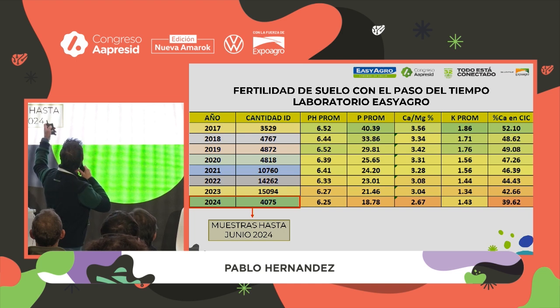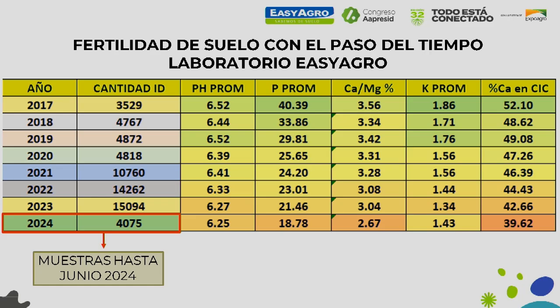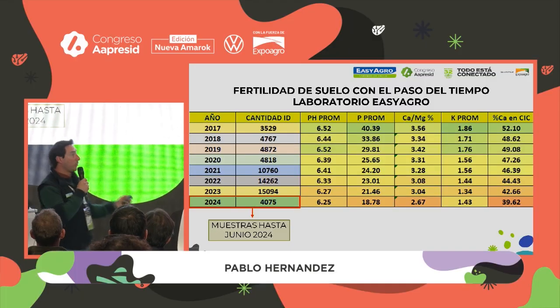And we could see in the year 2017, we analyzed 3,500 samples, and up till now, it's 4,000 samples. And we see that there is a marked acidification. This is throughout the country, actually. It's not statistical data, but just for us to see a trend of what's happening with our soil.